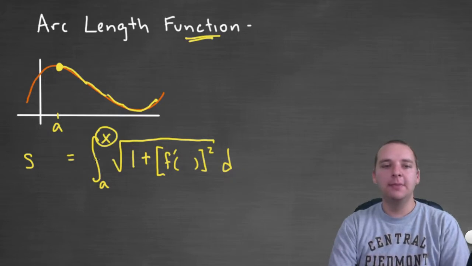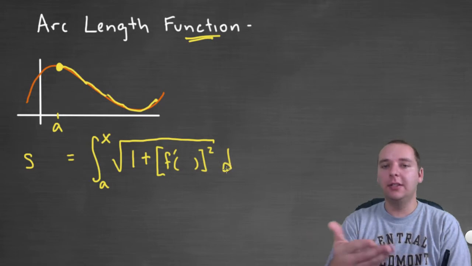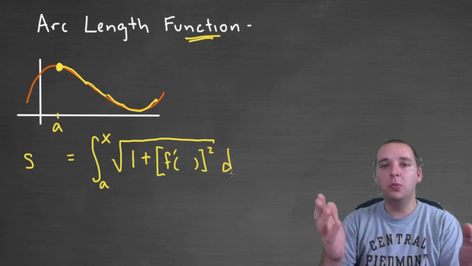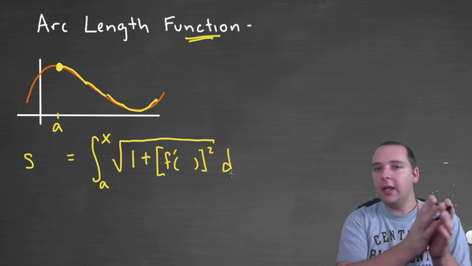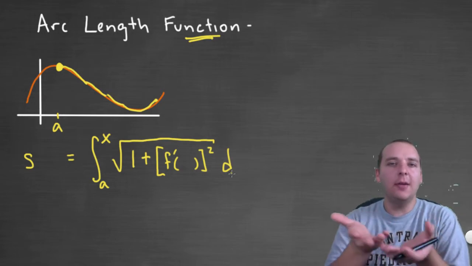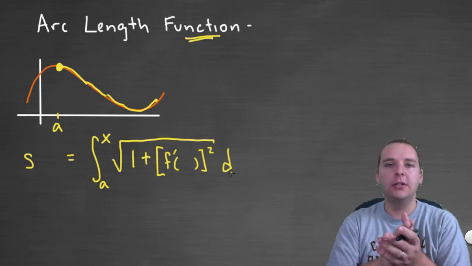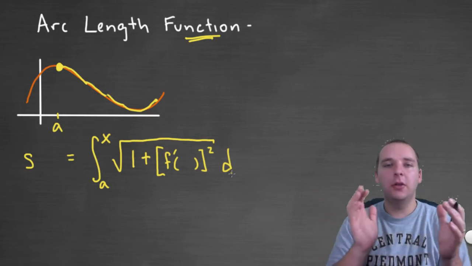The reason that is because what's happening here in a definite integral is the variable of integration, in this case d something, needs to range from a to x. So that letter can't be x, right? Because x is the upper limit of that integration. So it just needs to be some other letter.